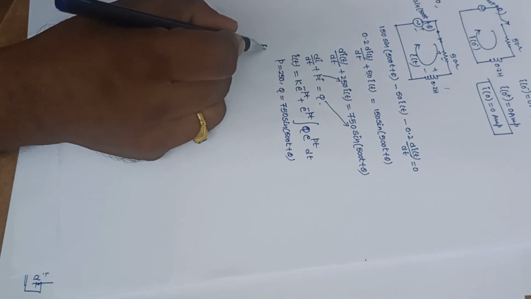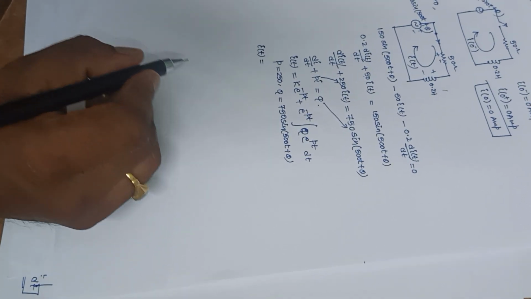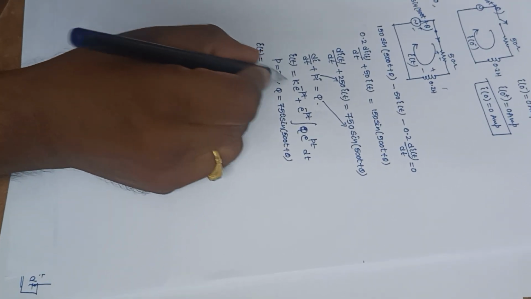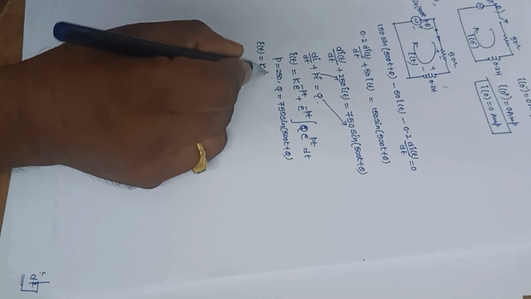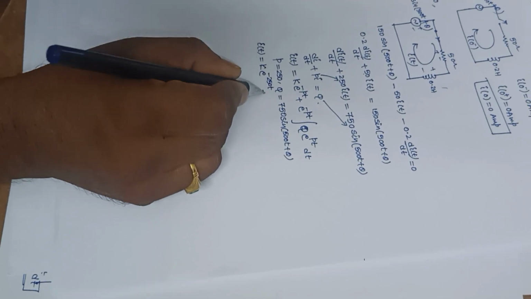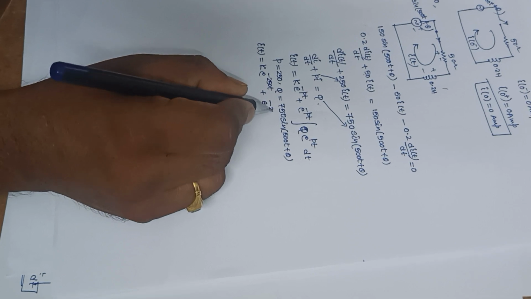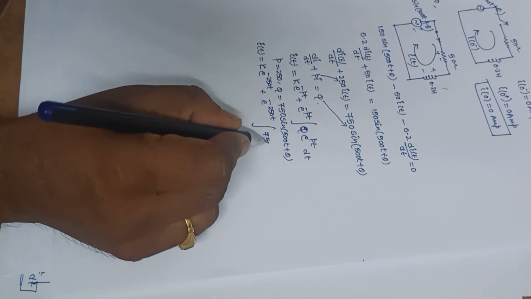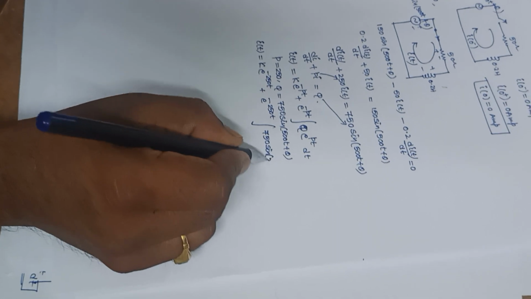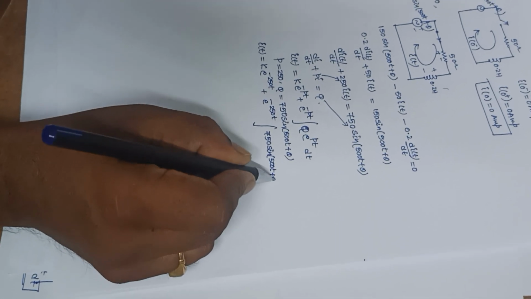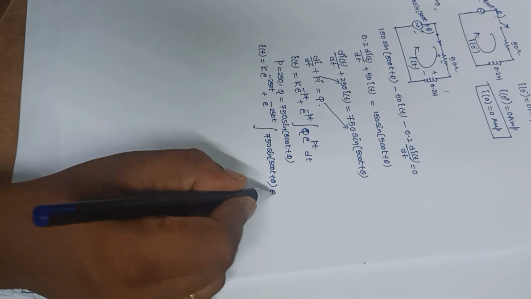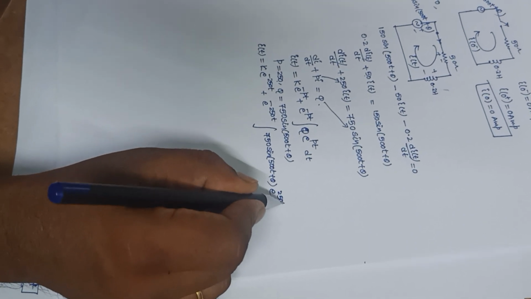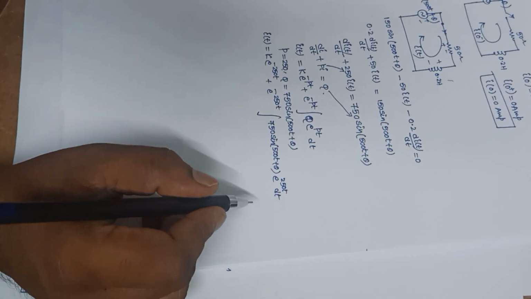Substitute here: I of t is equal to k into e power minus 250t plus e power minus 250t into the integral of 750 into sin(500t plus theta) into e power 250t dt.